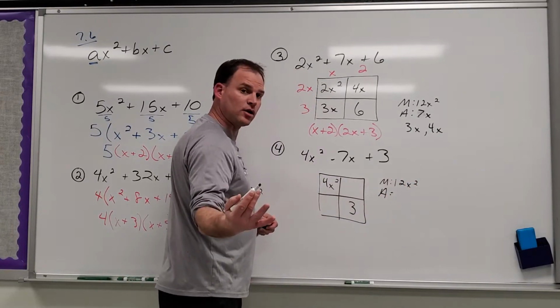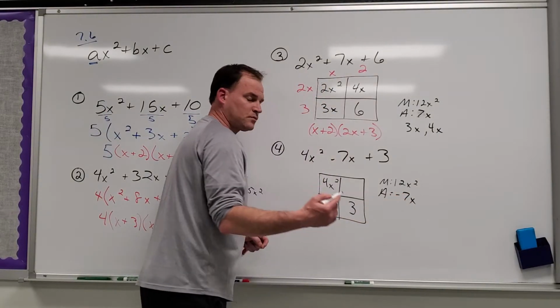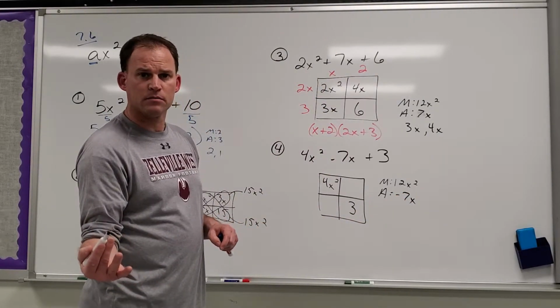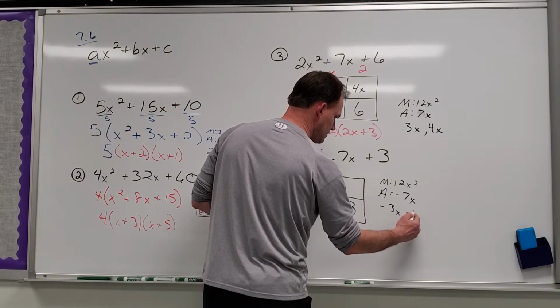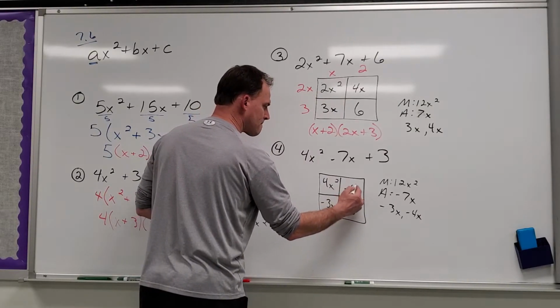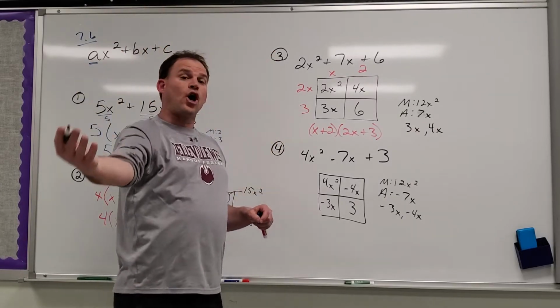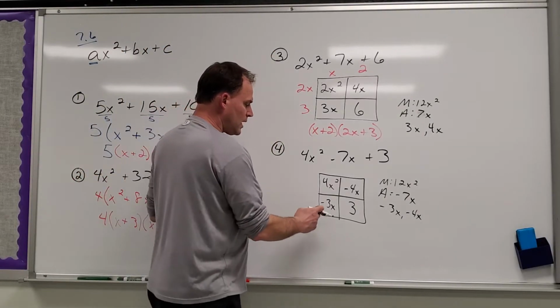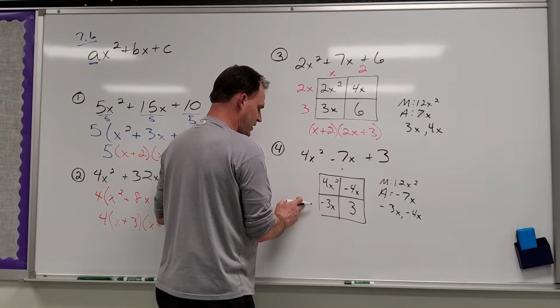What add number am I looking for? What are my magic numbers? Put them in the box and go to work with your GCFs. We talked about signs before. I know if these are both negative, then I know these are going to be my negative answers.